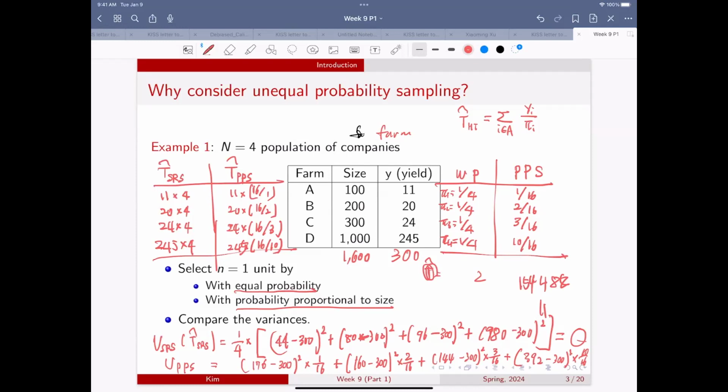If you use equal probability simple random sampling, you get 104K. For the other one, roughly 13K.